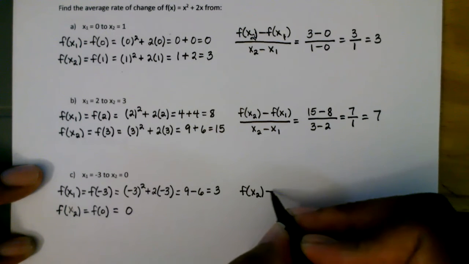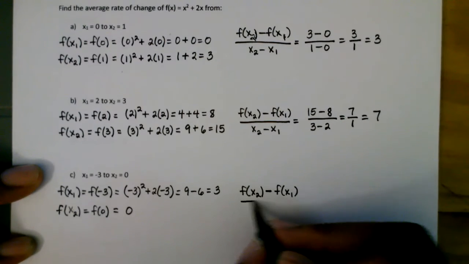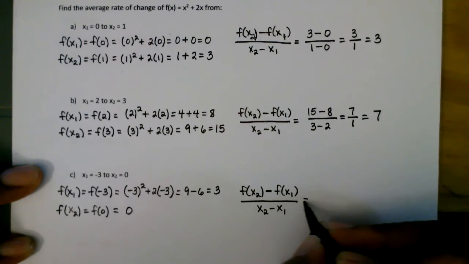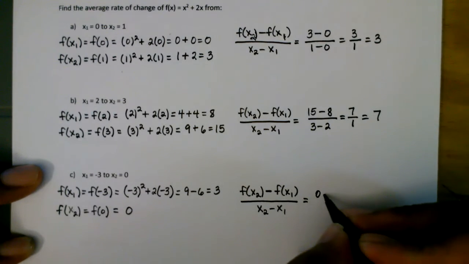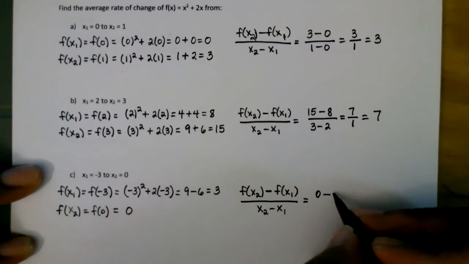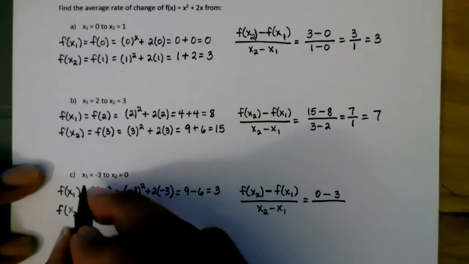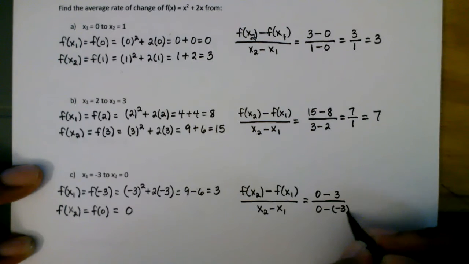And now we use our average rate of change formula, f of x2 minus f of x1 divided by x2 minus x1. F of x2 is 0 minus f of x1 is 3, divided by x2 minus x1, 0 minus -3.